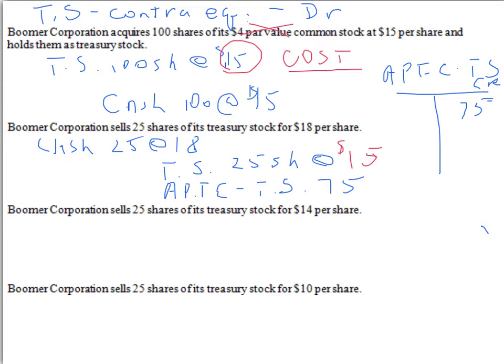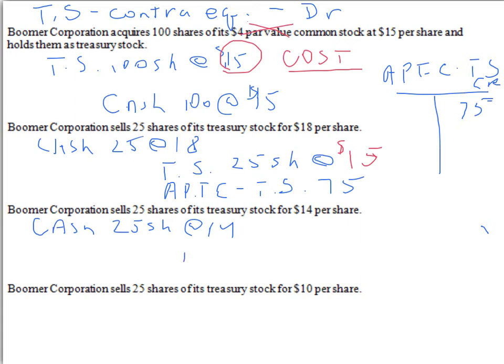One more transaction. Boomer Corporation sells 25 shares of its treasury stock for $14 per share. Well, so far it looks sort of the same as the one before. So cash was received, 25 shares at $14 a share.